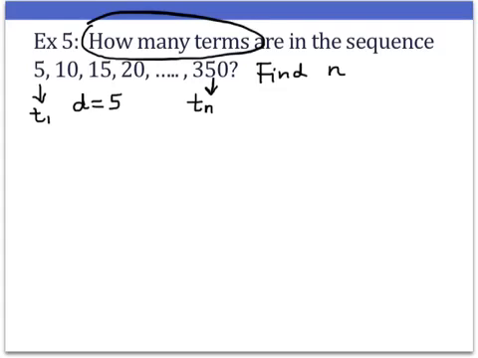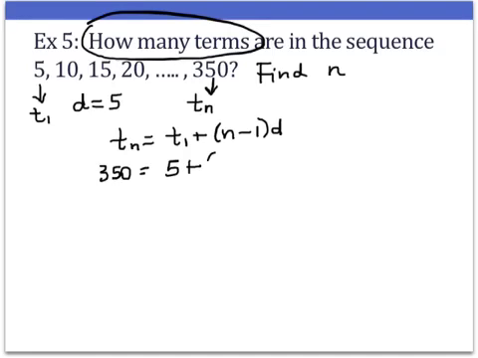So let's substitute. Here's the formula as a reminder. So we'll substitute in our last term that we know, which is 350. We just don't know which position it is. And we're going to substitute our first term. And we don't know what n is, so we're going to leave it. But we do know that the difference is 5.